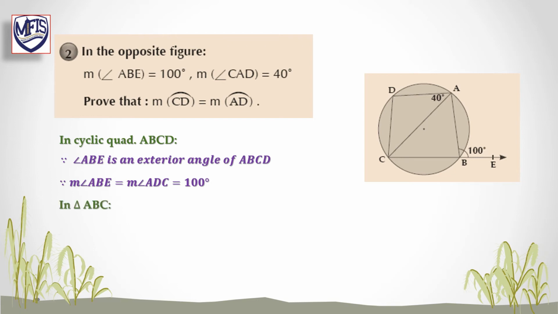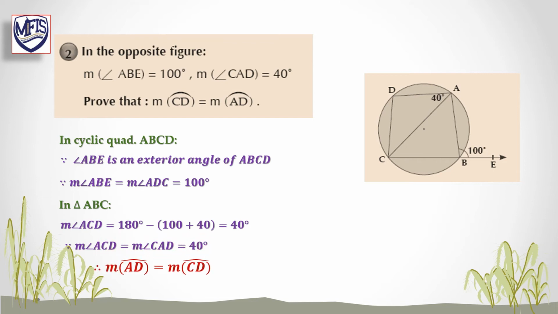In triangle ADC, measure angle ACD equals 180 minus 140 equals 40 degrees. Now, since measure angle ACD equals measure angle CAD equals 40, measure arc AD equals measure arc CD.